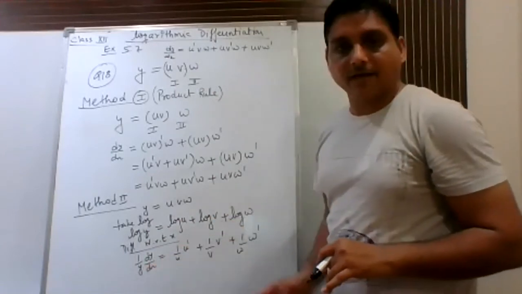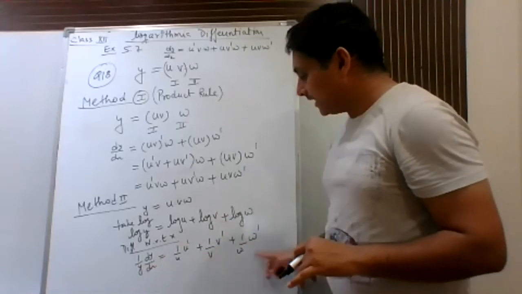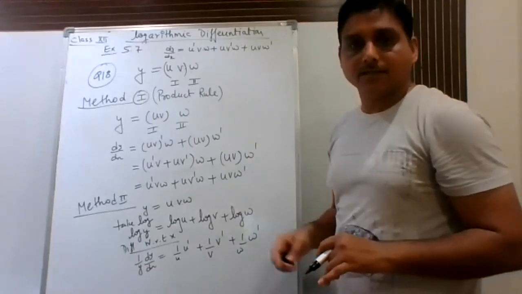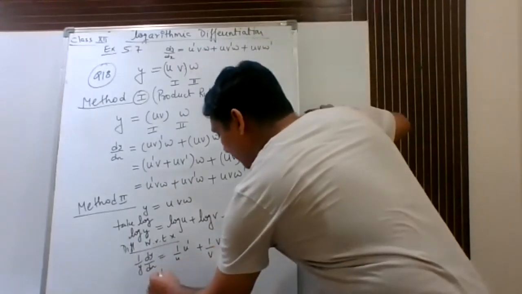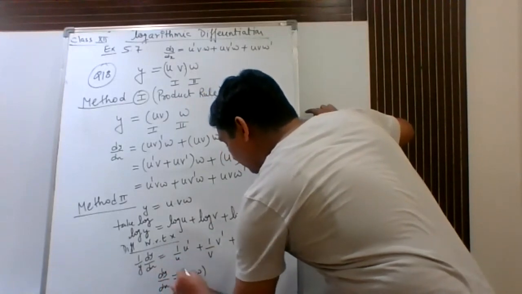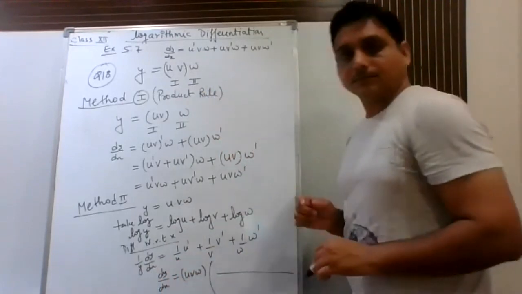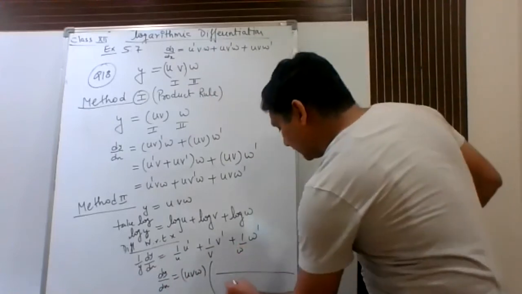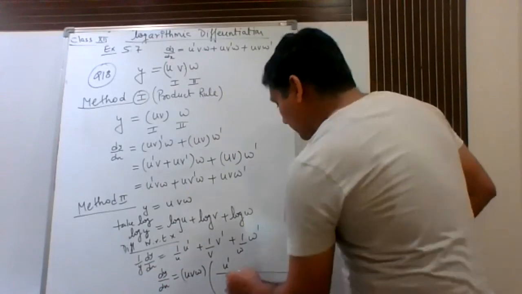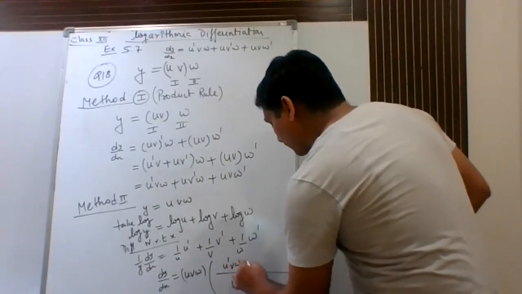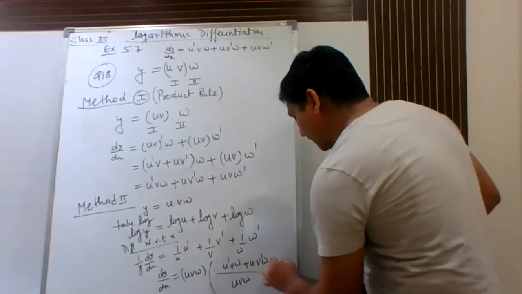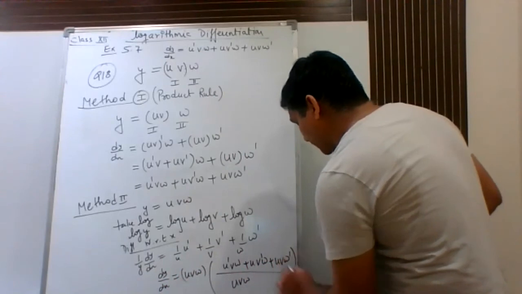Simply cross multiply this y on the right hand side. Take LCM, and after calculation, you can see that we will get this as the final answer. So you can write dy upon dx is equal to y into, now here I can take LCM uvw, this is u' vw plus this will be v' uw as it is plus v as it is w'.